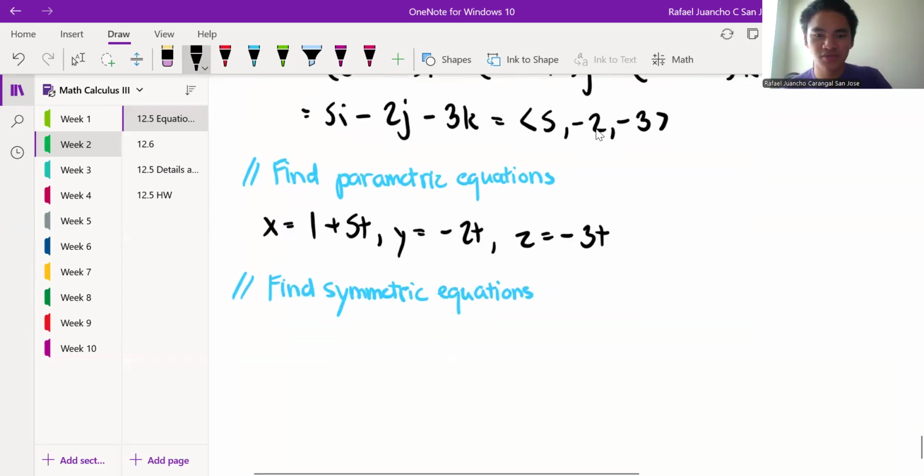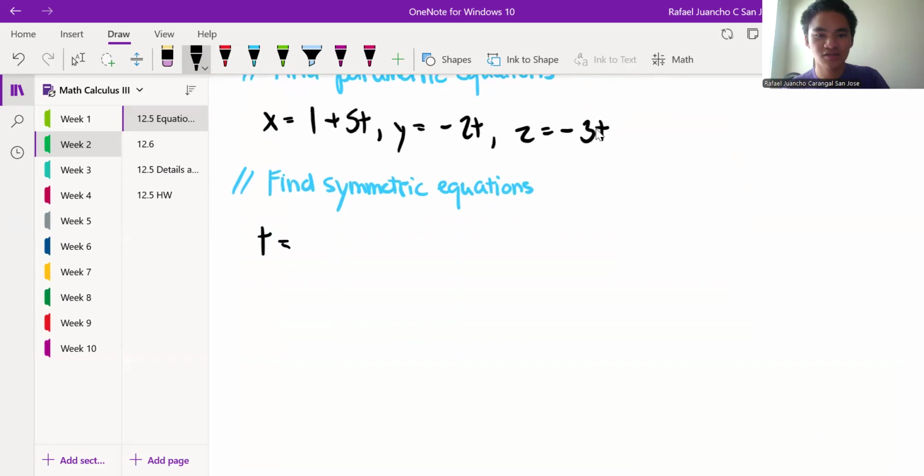This is going to be just isolating t. So we have x minus 1 over 5. There's already a formula for this, but I just wanted to do it this way, just in case.